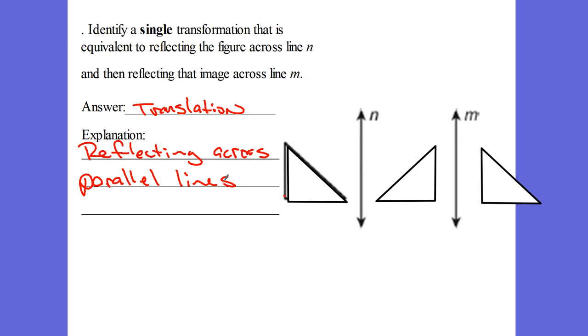Explanation: because you are reflecting across parallel lines. It's the exact same thing you had to write in your notes when we were doing this.